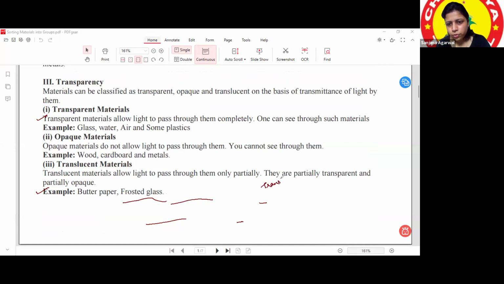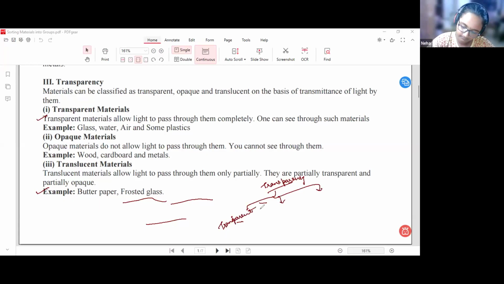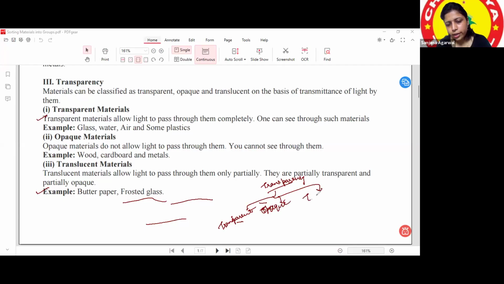Put the main heading as transparency, and divide it into 3 categories: transparent, opaque, and translucent. Transparent. Second category is opaque. And third category is translucent.